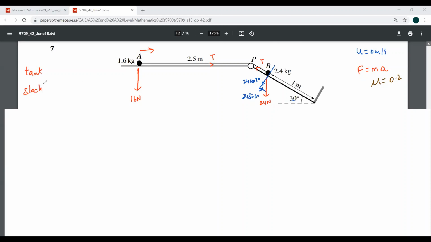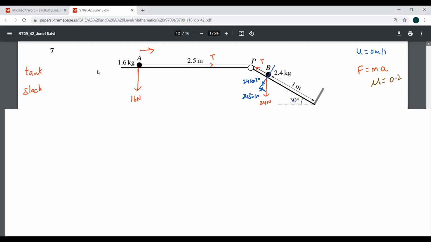When the string is taut, the tension would be in action over here. And when the string is slack, you'll see what forces are acting on it at that moment. So now, guys, the friction comes up because this horizontal surface is not smooth.